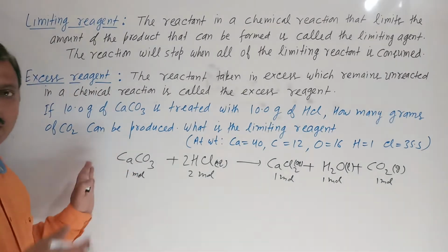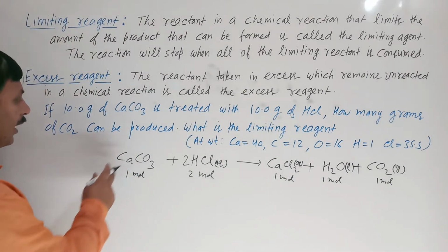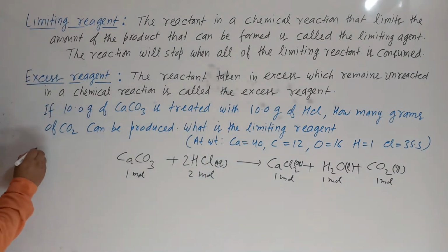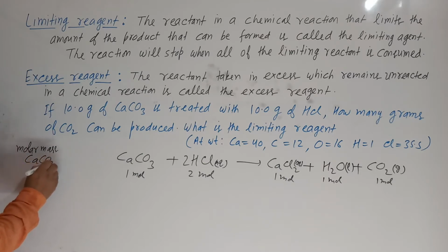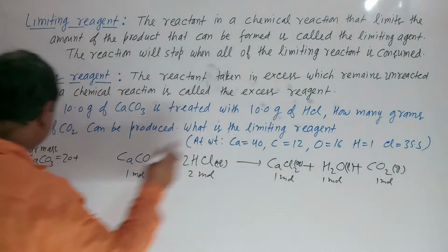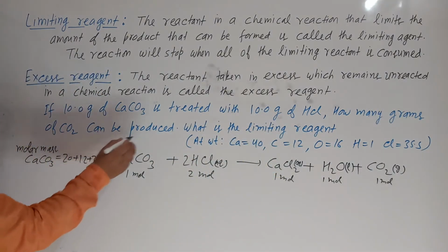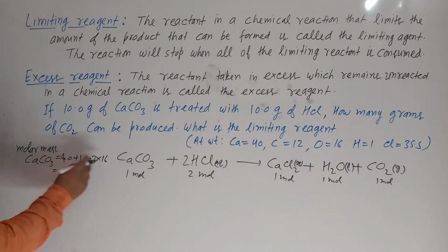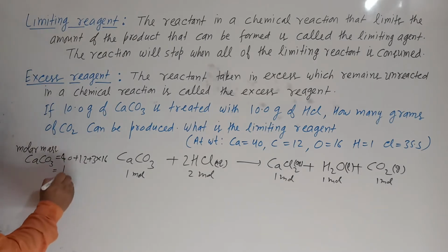If we are writing the molar mass of calcium carbonate, calcium is 40, so this will be 40 plus carbon 12 plus 3 into 16, so that is 48 plus 12, this is 60, total 100 gram.